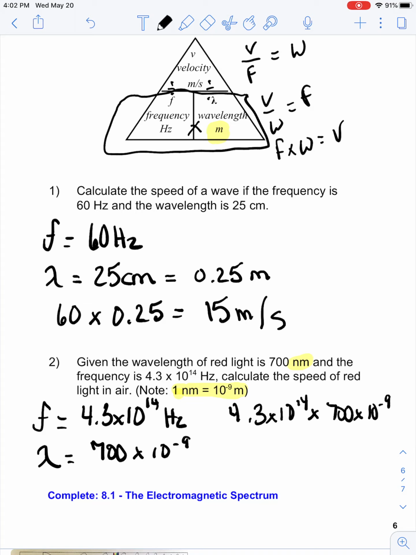You're just going to plug that into your calculator, and you get 301 million.